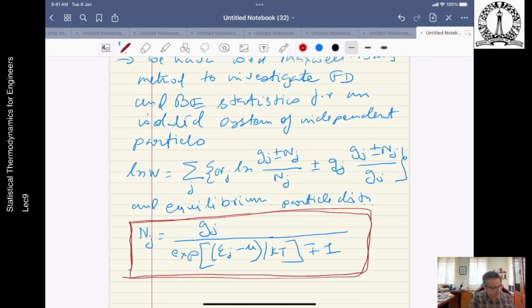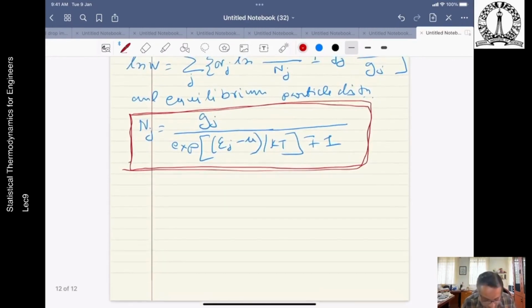So this is the equilibrium particle distribution, the distribution of particles, or the thermodynamic probability. Now in the dilute limit, we define something called a dilute limit.